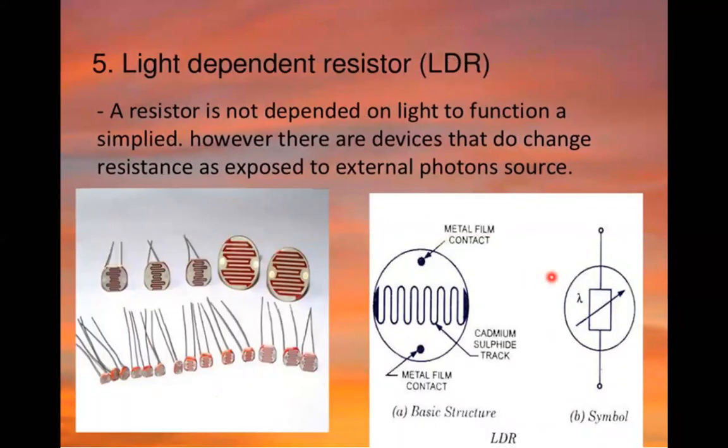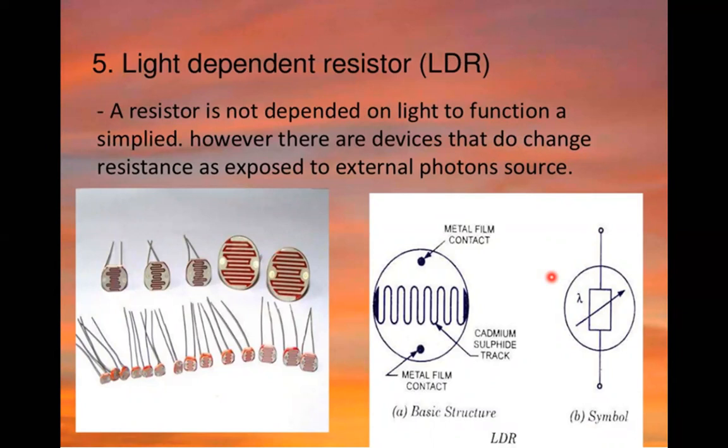And LDR. LDRs are nothing but light dependent resistors used to detect light levels. For example, in automatic security lights, the LDR's resistance decreases as the light intensity increases.